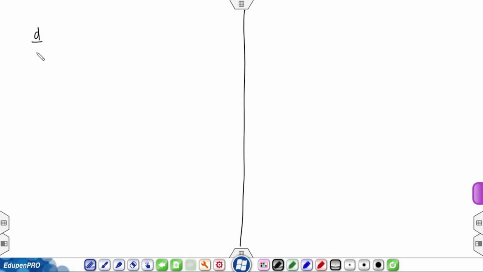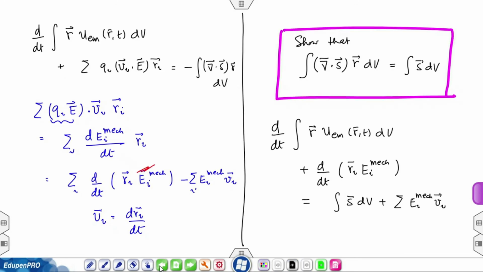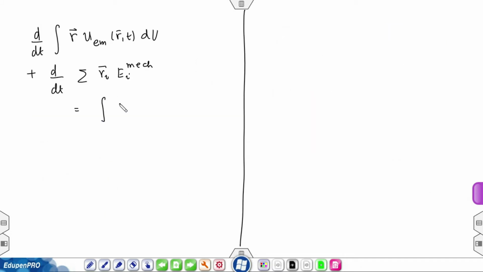Let me see if I made a mistake on the previous slide. There should have been a minus sign here. So, this is plus S dV plus the summation over i of E_i mechanical v_i.